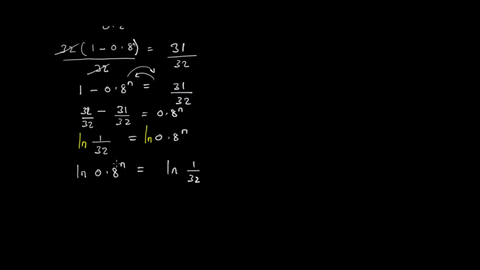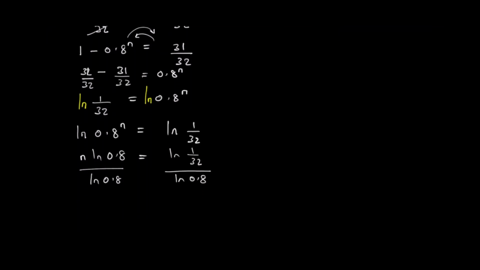N uyu for natural logarithms anoenda kuside kuyova n ln of 0.8 is equal to the ln of 1 over 32. Tikada kusara na n tichadivide na ln of 0.8 panapa over ln of 0.8. Saka n panapa inge iri equal to the natural logarithm of 1 over 32 over the natural logarithm of 0.8, which is equal to, tikaenda pa calculator pedu inotipa answer ln of 1 over 32 divided by ln of 0.8.